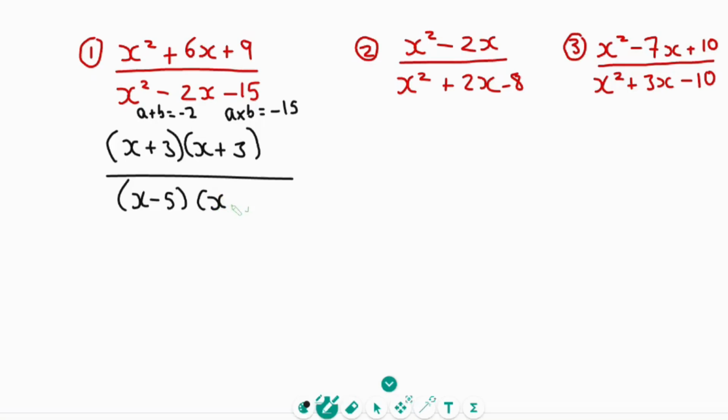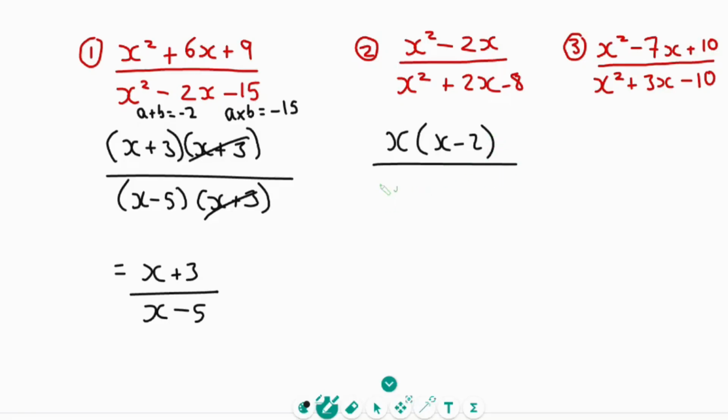Because 3 times negative 5 is negative 15, and negative 5 plus 3 is negative 2. Final answer, x plus 3 all over x minus 5. 2 is just a single bracket for the numerator.